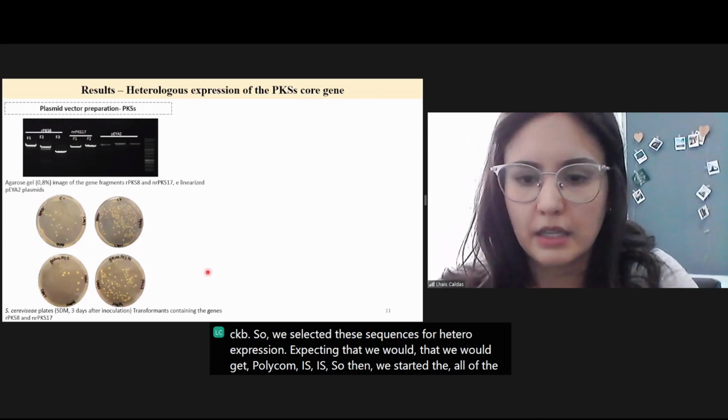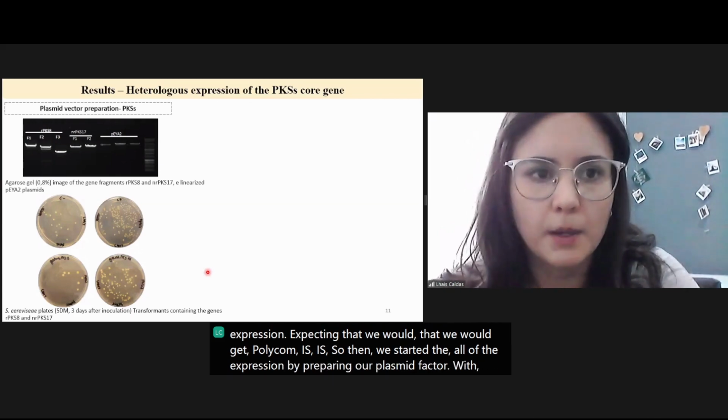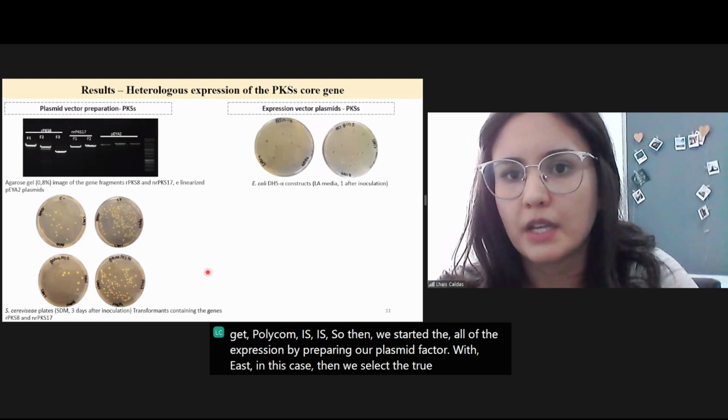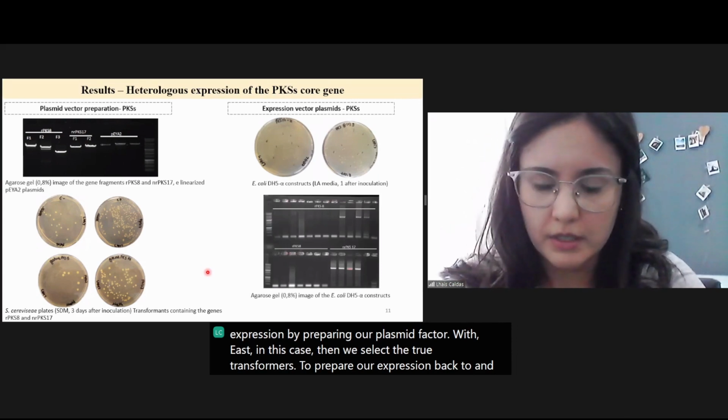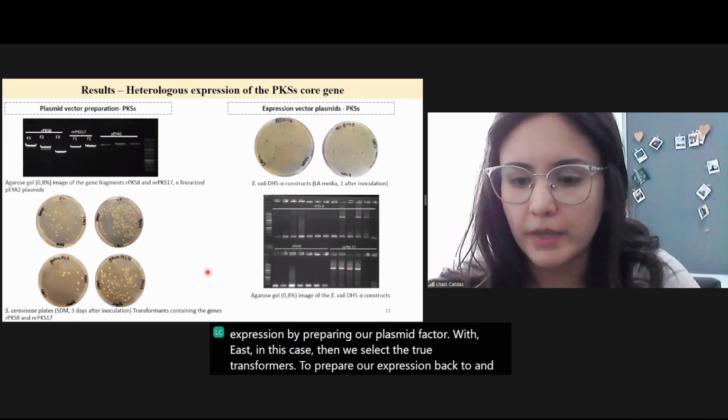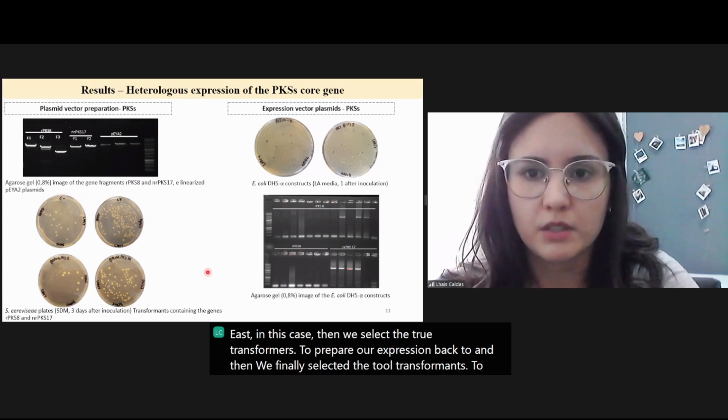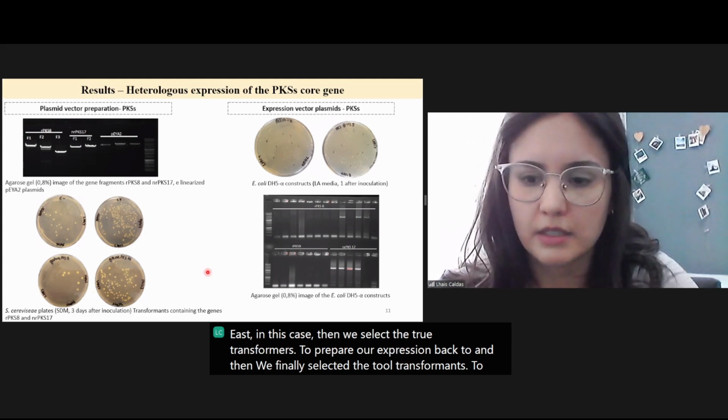Then we selected the true transformants to prepare our expression vector in E. coli, and then we finally selected the true transformants to transform into filamentous fungi, which in this case is Aspergillus oryzae.